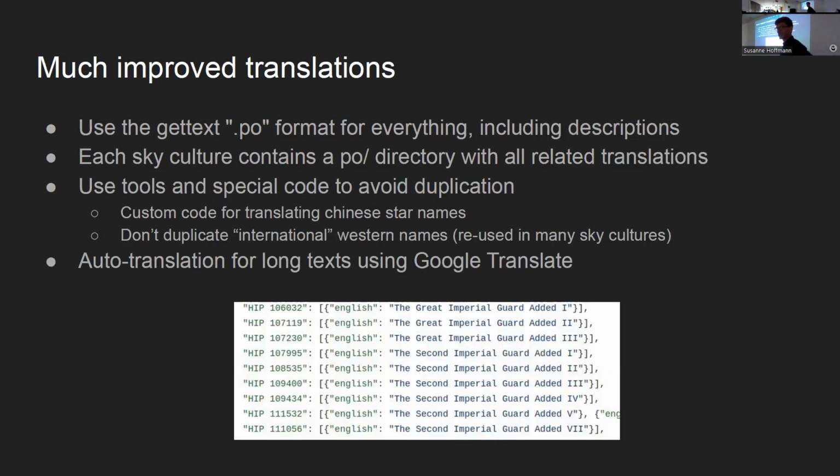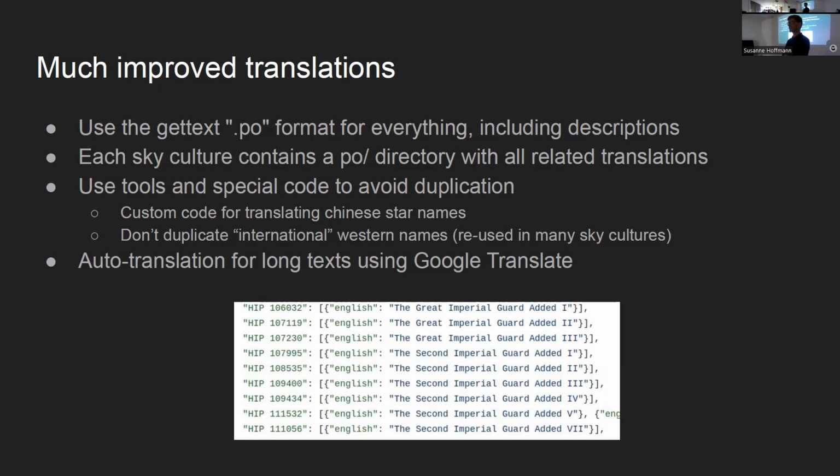And the most important part of all this work was the translation, because translation is a really complicated issue. In Stellarium desktop, we have hundreds of megabytes of translation files, which is redundant, sometimes messy, and the process is very complicated as well.